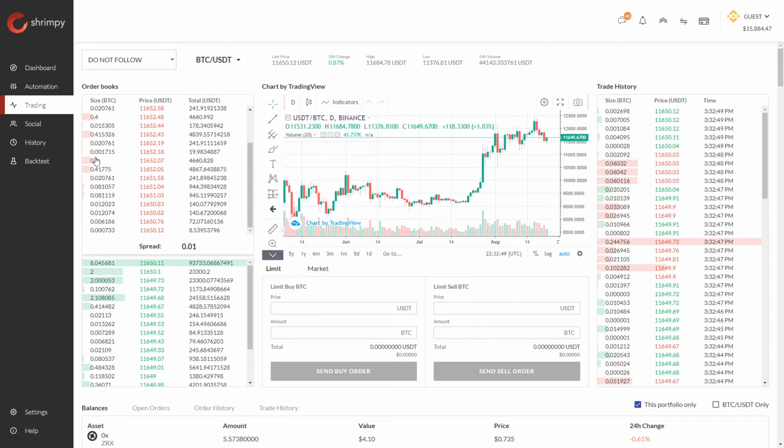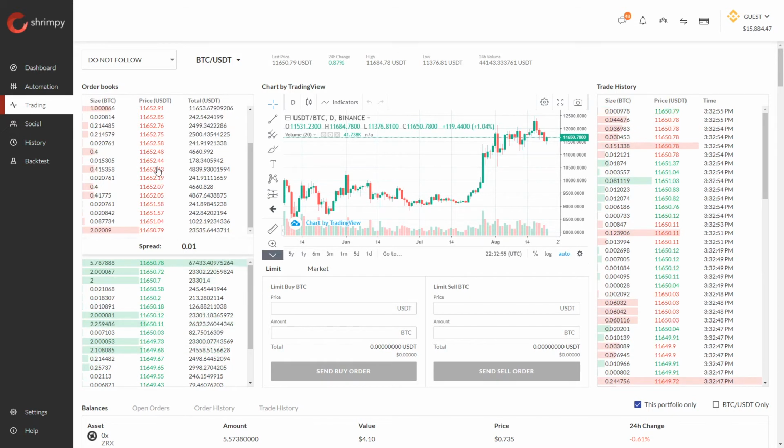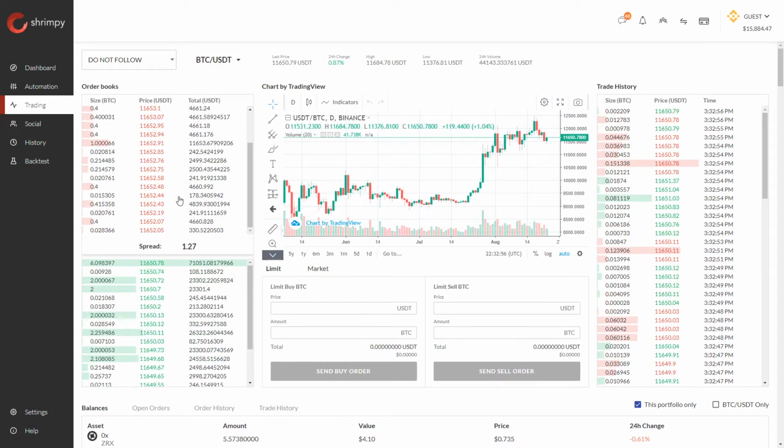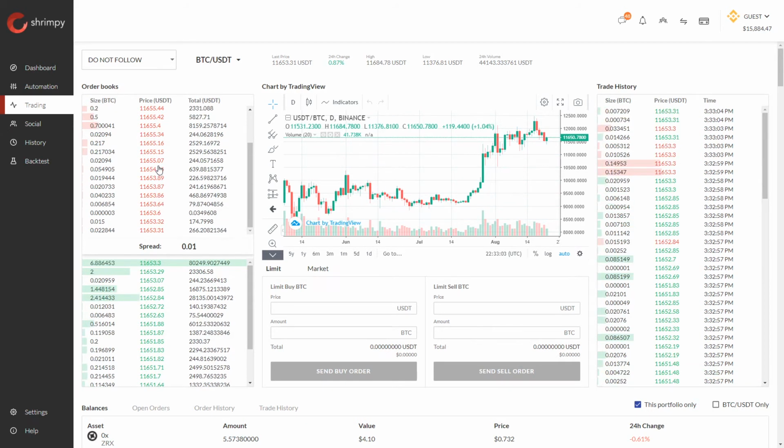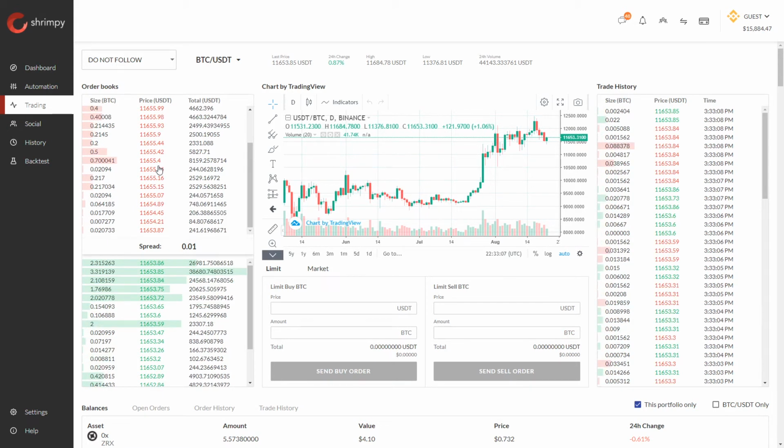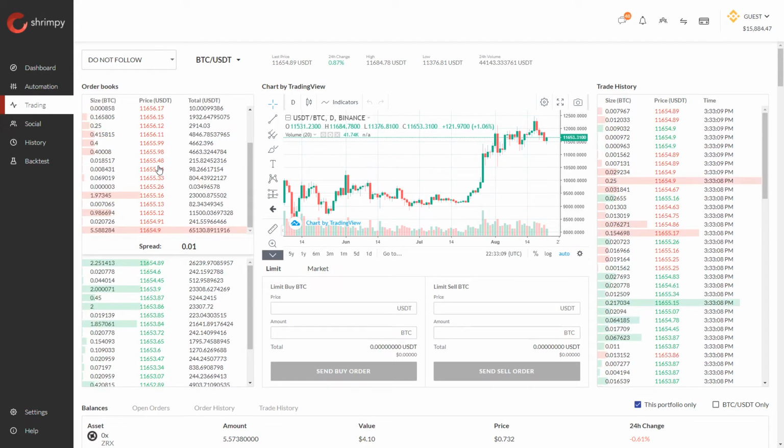So if you look up here, even though it's moving quickly, there's 0.4 Bitcoin available at the price of 11,652. So that means if you were somebody who was coming to the exchange and looking to buy 0.4 Bitcoin, maybe that is the offer that you would try to take.